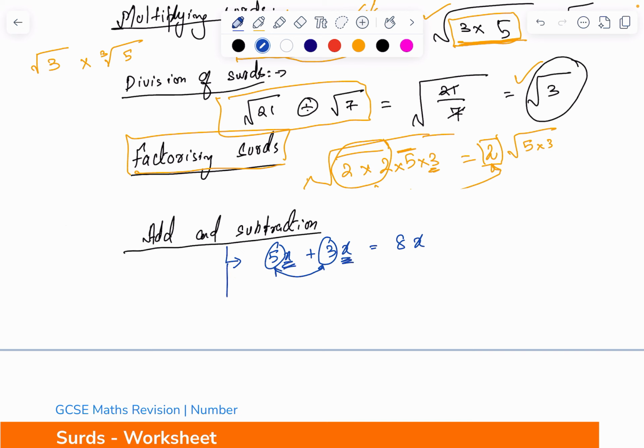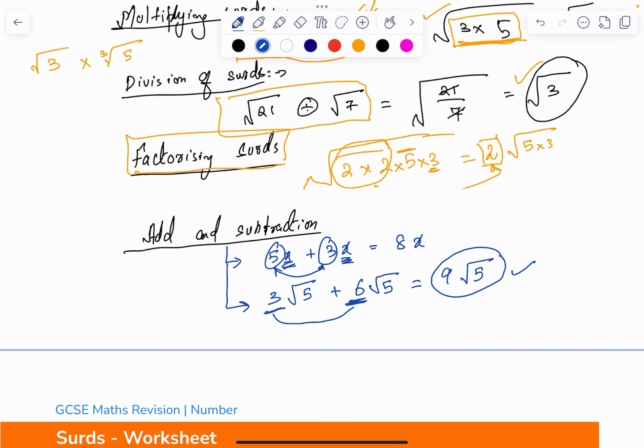That's the same rule you apply in surds. For example, you have 3 root 5 plus 6 root 5. What it means is that you can combine this 3 and this 6 together and it will become 9 root 5. Okay, means you add the coefficients and then you write.